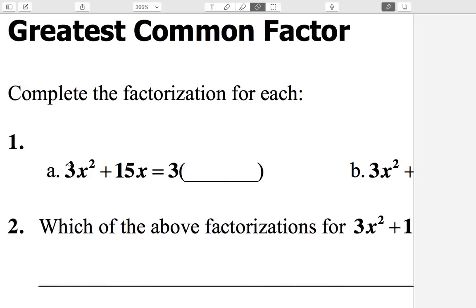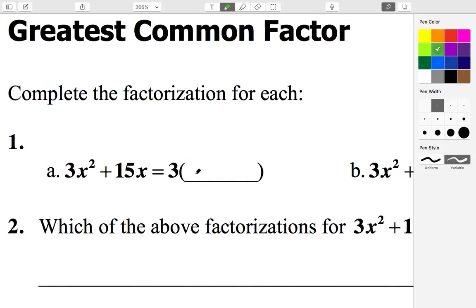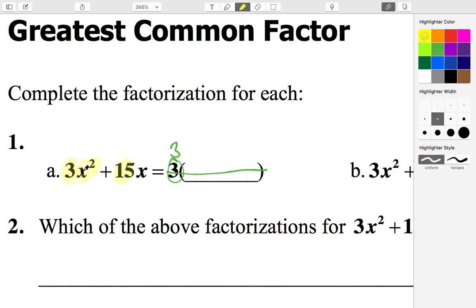I think this is a typo here. Let's cross that out, and you'll see why this is a typo. Because they're right. 3 is one of your GCFs. So 3 is your GCF because 3 goes into 3 and 15. But also x is your GCF here.